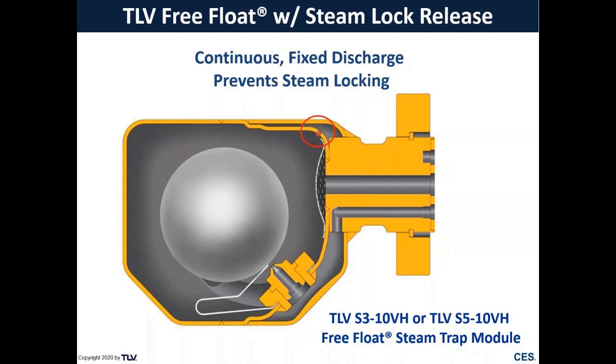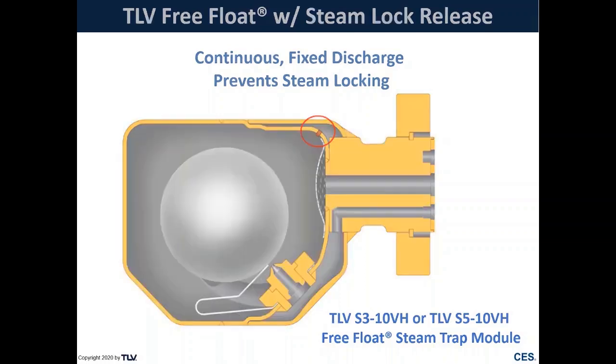This gives us a very small steam bleed through this trap to release that steam lock of just a few pounds an hour. So it is an energy deficit, but it's a necessary deficit that we need to pay in order to have proper heating to our production, which is probably much more valuable than a few pounds of steam an hour.